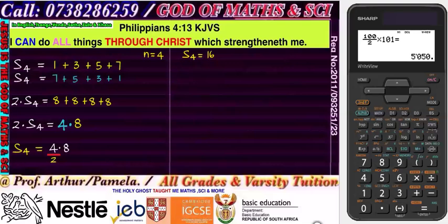So whatever is in the blue box, that's what we need to work out. Remember, we already know the answer was 16. So let's use calculator, though we can do it mentally. So it's 4 times the 8. Then we divide that by 2. You see, the answer is correct. So it's 16. All I wanted you to understand is how to do this.